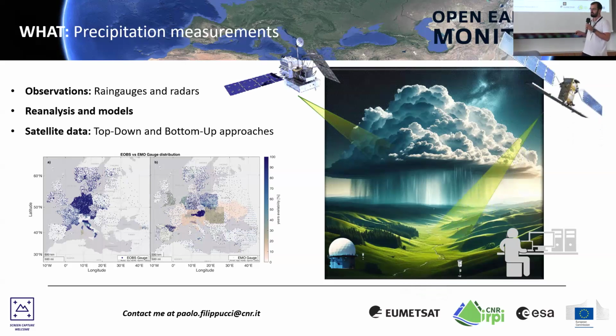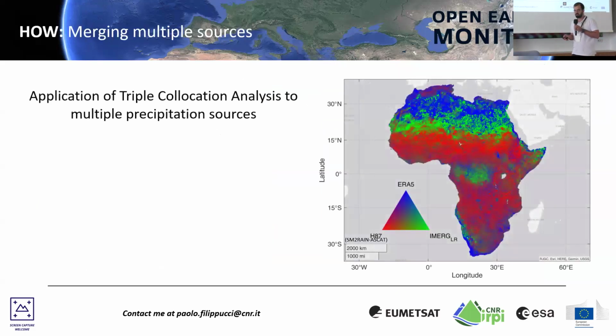And another is a bottom-up approach, where instead we use the inversion of the soil-water balance to infer precipitation from the variation of soil moisture, so the water in the soil. Each of these products has its strength, each has its limitation. So we want to harness the mutual strengths and improve our capacity to observe precipitation.